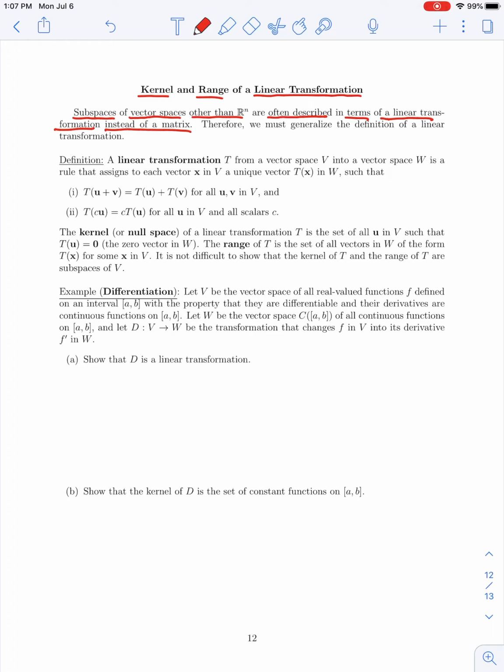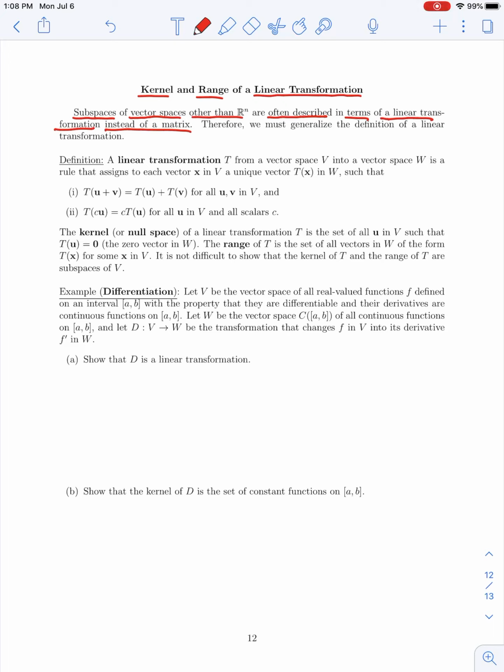When we're working with the vector spaces Rn, we're thinking about n-dimensional vectors, and so linear transformations between, say, Rn and Rm can be described by matrix multiplication. But if we're working with another vector space, say a space of polynomials or continuous functions or matrices, we may not be able to describe a linear transformation by a matrix.